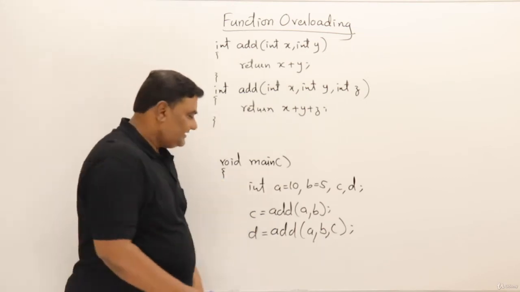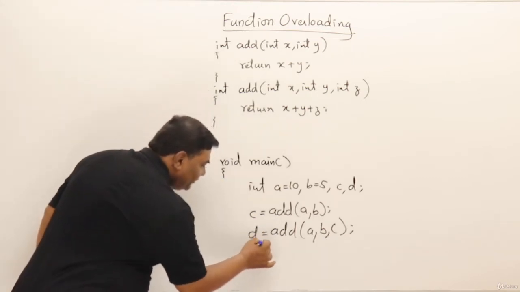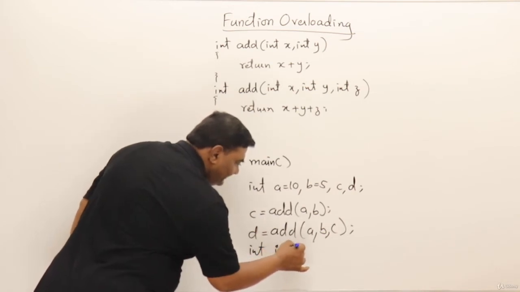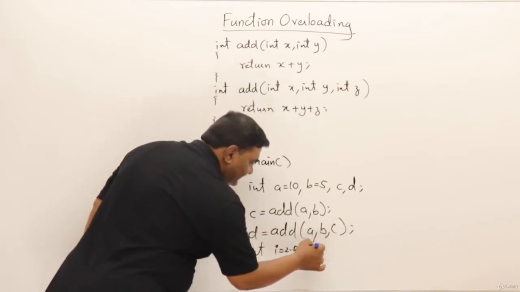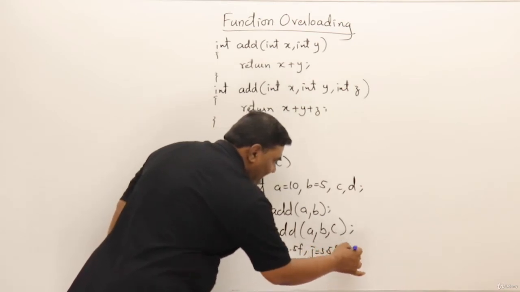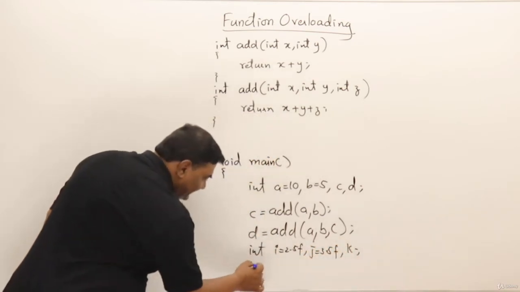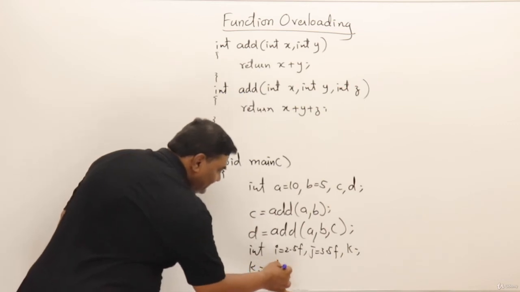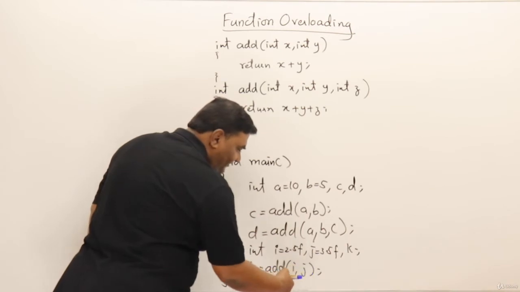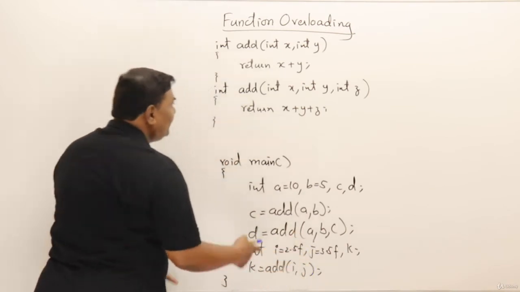Now one more example I'll show you. I have float numbers i as 2.5f and j as 3.5f, and k assigned add i comma j. I'm having an add function which is taking float. Do I have it?